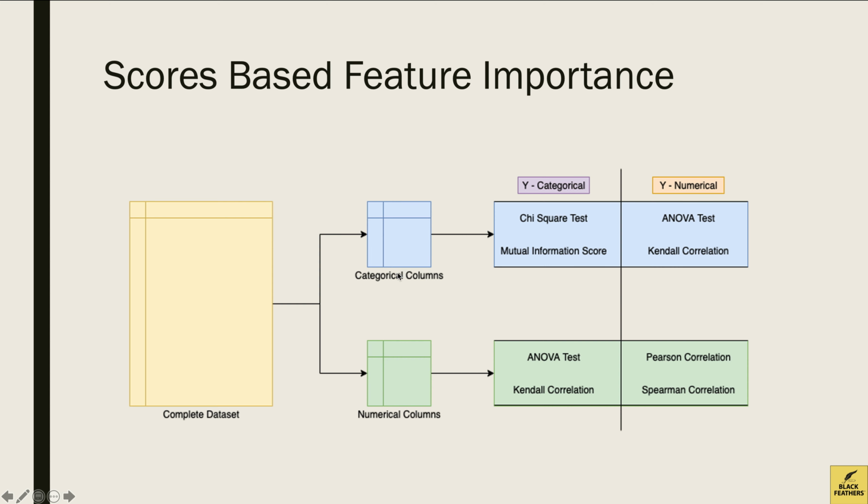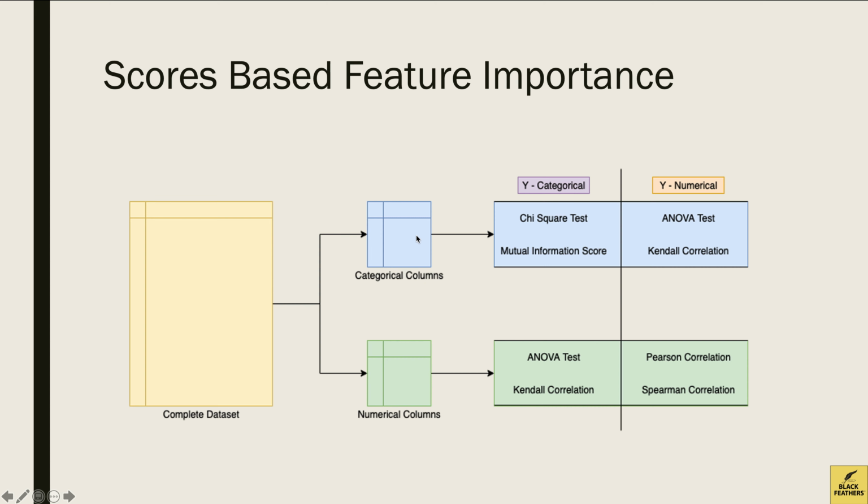If the independent variables are categorical, and the dependent or target variable is also categorical, then the approaches we use for feature importance are the chi-square test and mutual information score.